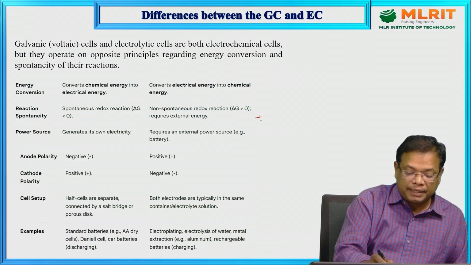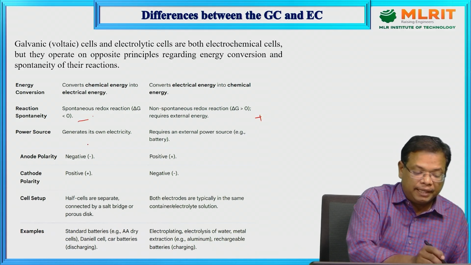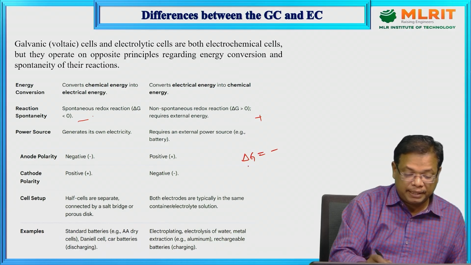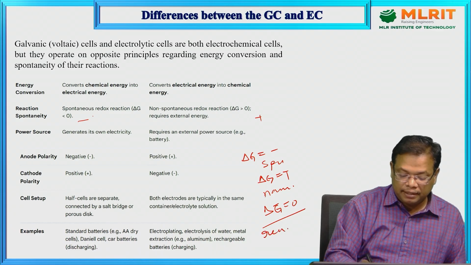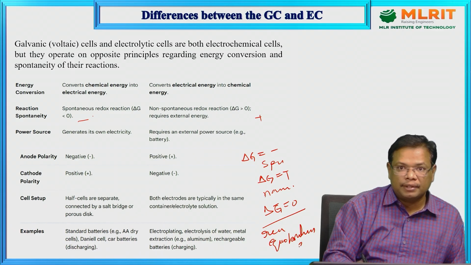When delta G is negative, it implies a spontaneous reaction. Delta G positive implies a non-spontaneous reaction. And delta G equal to 0 implies that the reaction is in an equilibrium state.